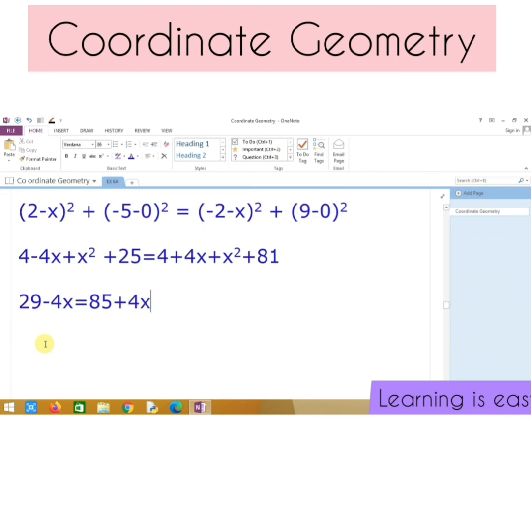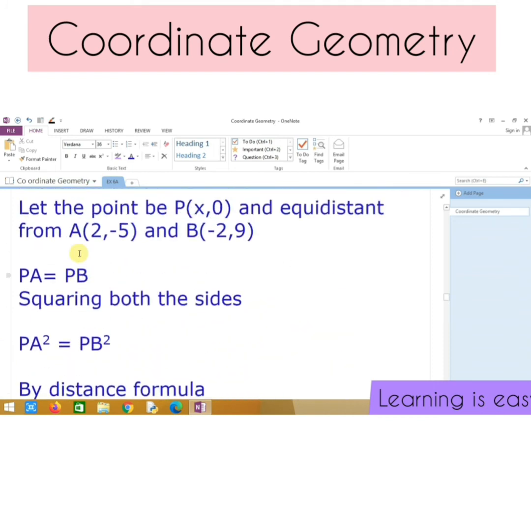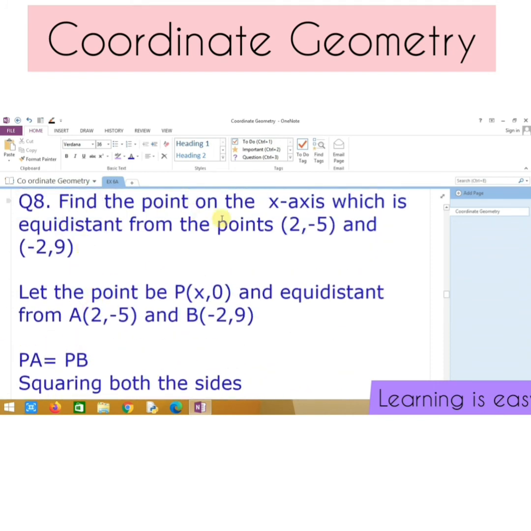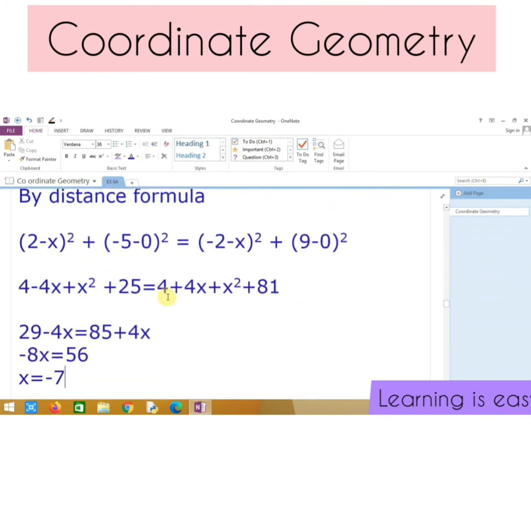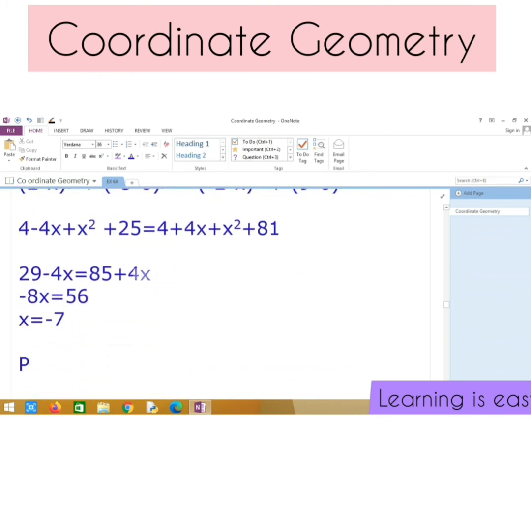So that's going to be minus 4x minus 4x is minus 8x equal to 85 minus 29, that's 56. So x is minus 7. So minus 7 comma 0 is the point. P is minus 7 comma 0.